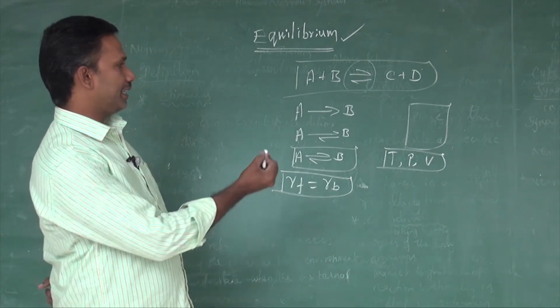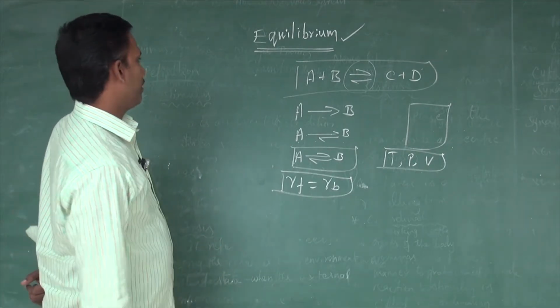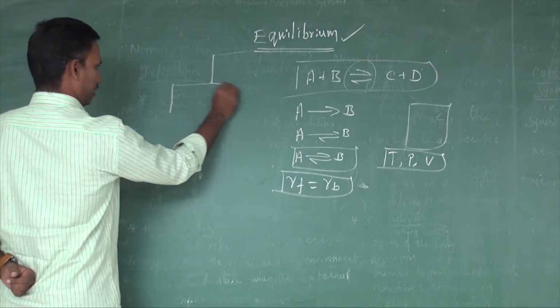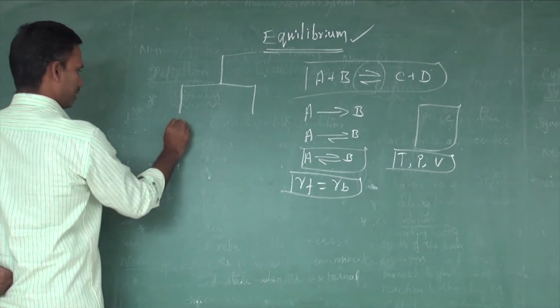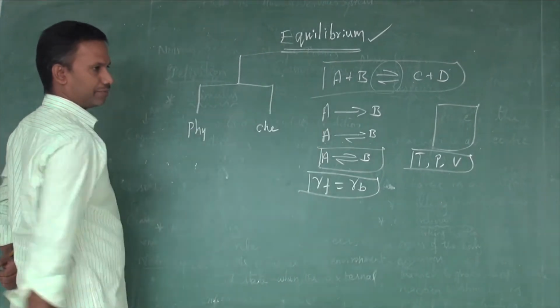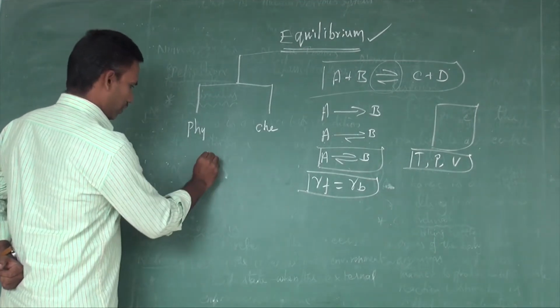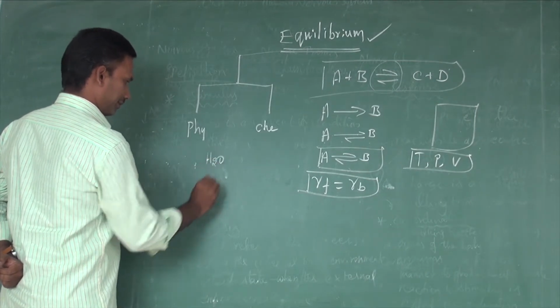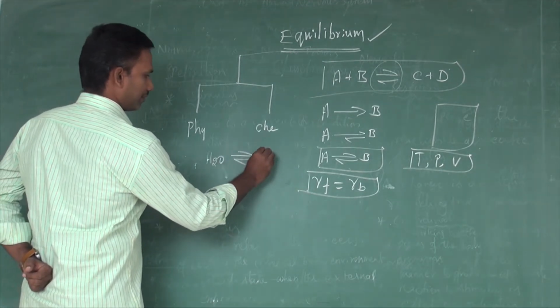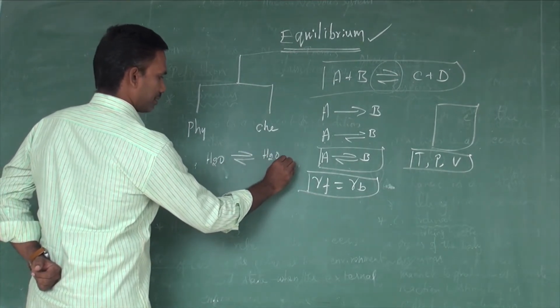Then let us see the types of equilibrium. Equilibrium can be classified into two types: physical equilibrium and chemical equilibrium. For example, water liquid and water gas.